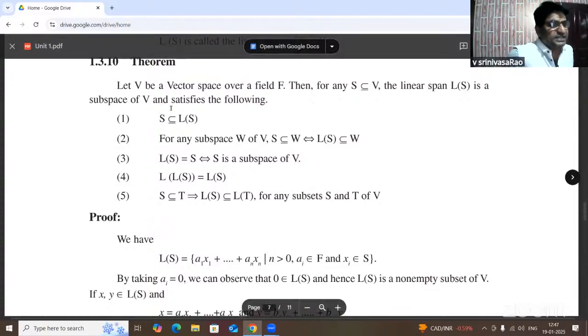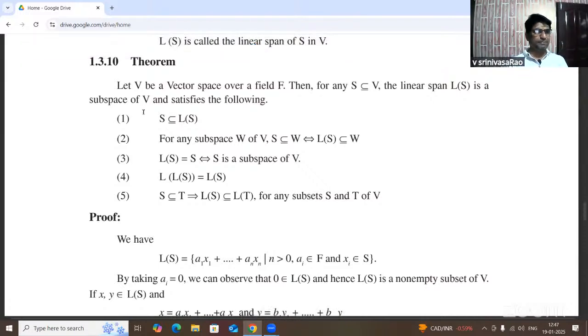What is the subspace condition? Already we have discussed it in the previous class. There is the one-step test and the two-step test. The two-step test is: alpha plus beta, or x plus y, belongs to W of F. That condition must be satisfied here.